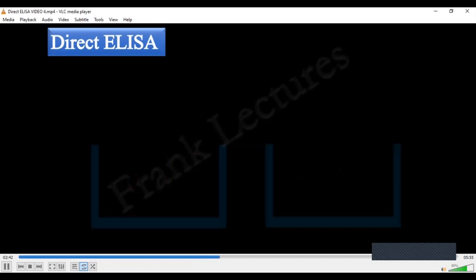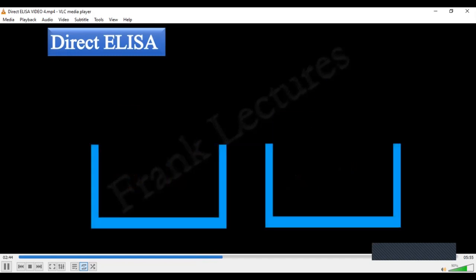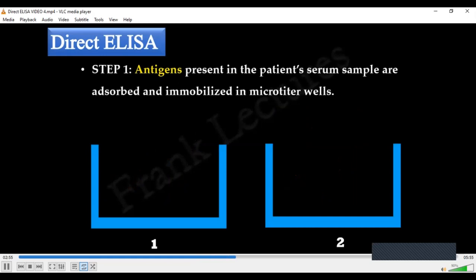We will take two microtiter wells, each corresponding to the patient's serum sample. So this is 1, and this is 2. In the first step, the antigens present in the patient's serum are adsorbed and immobilized in the microtiter well.